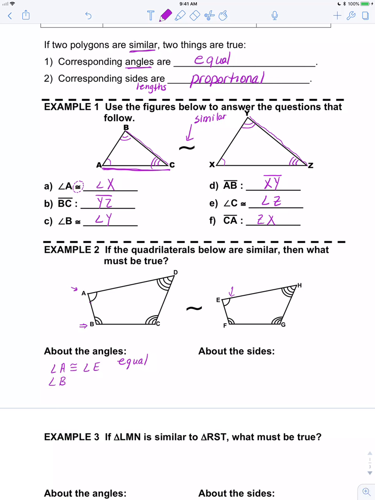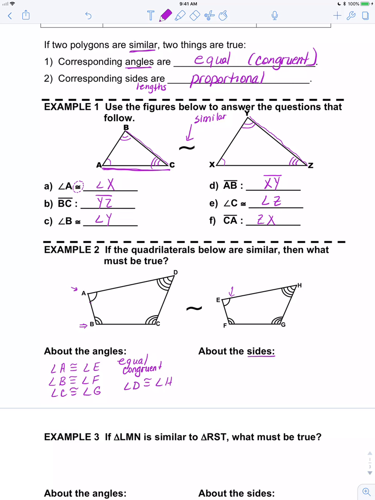So angle B then is congruent, and maybe that should be the word I use here since that's congruent to angle F. Okay, angle C should be congruent to angle G, and angle D would be congruent to angle H. So what about the sides?